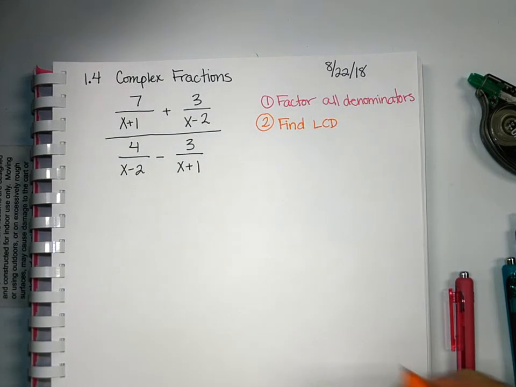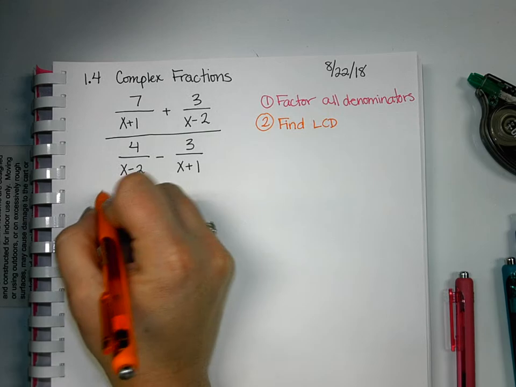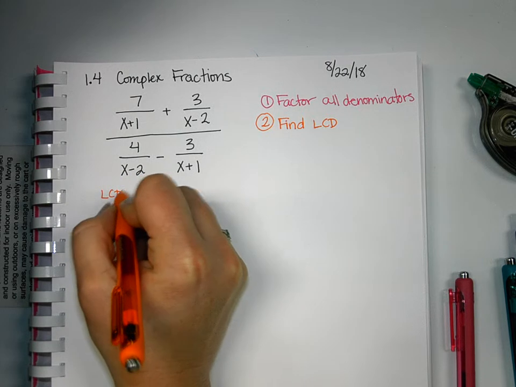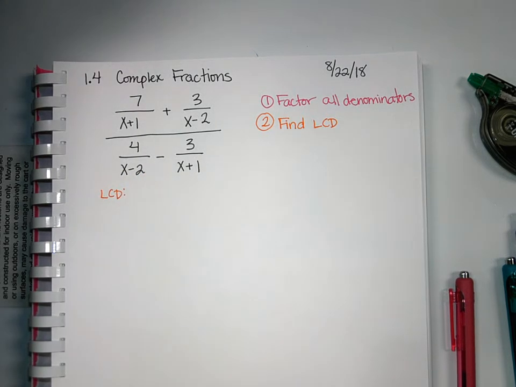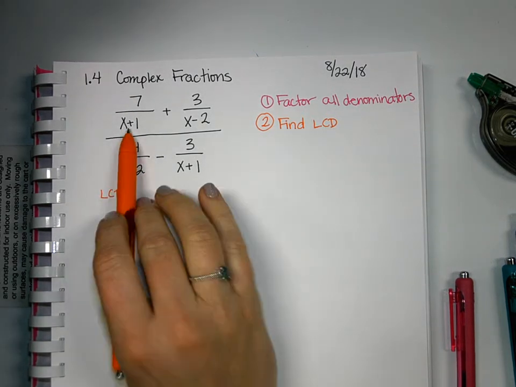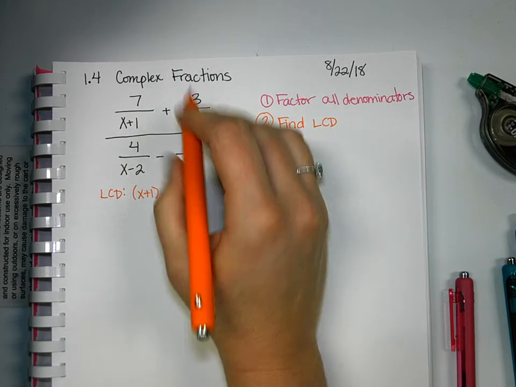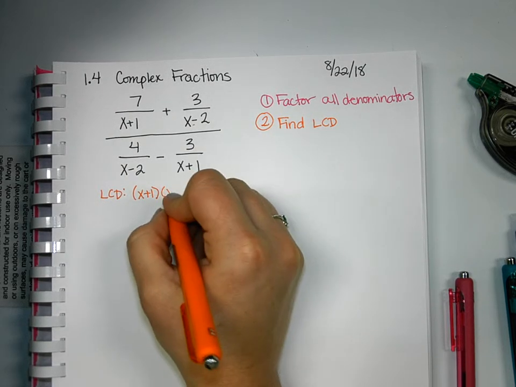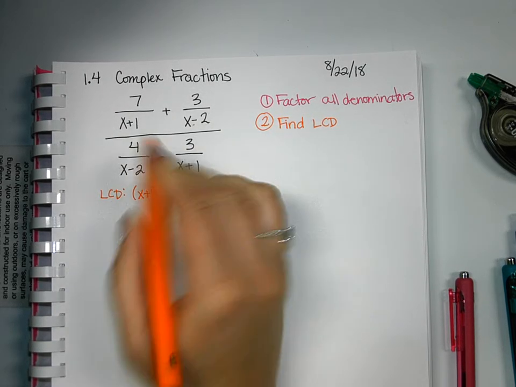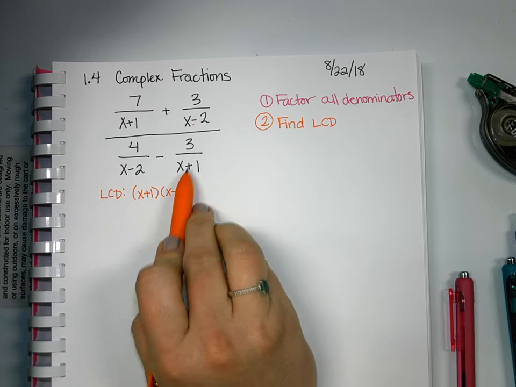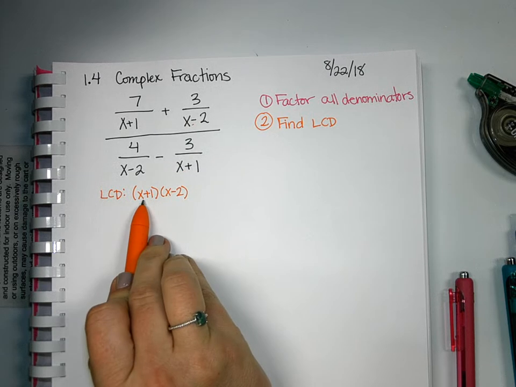And when we find the LCD for this one, we're going to look at all the denominators and see what they would be if we multiplied them all together. So x plus 1 has to be in my common denominator. x minus 2, we have to account for that. I already have the x minus 2 accounted for, and I already have the x plus 1 accounted for.